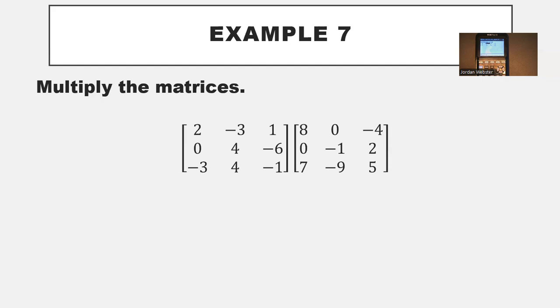So put in that second matrix for B: 8, 0, -4, 0, -1, 2, 7, -9, 5. So matrix A is the left-hand side matrix, matrix B is the right-hand side matrix.